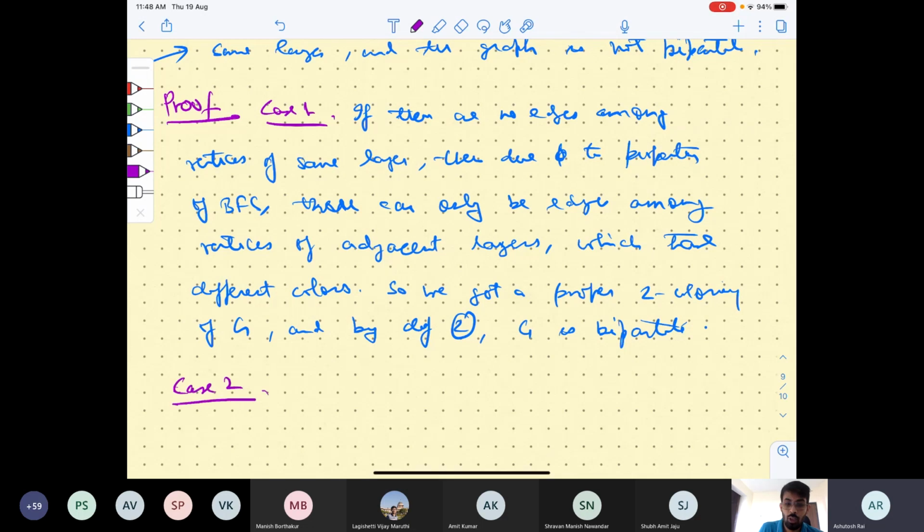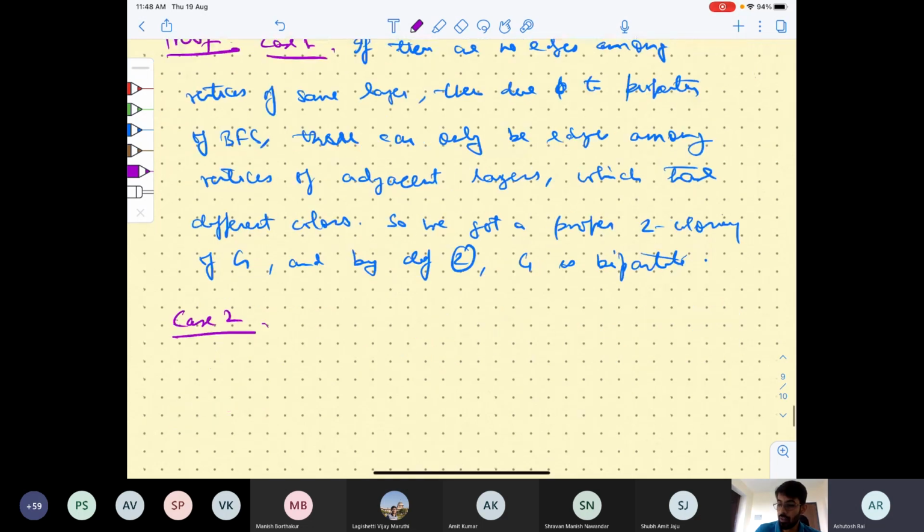Okay, good. So what is case 2? Sir, we can prove by induction. Yeah. First we set the color of the first layer L0 as something, and then we can prove by induction that for every layer Li plus 1, the colors of the vertices of that layer will be the opposite of the colors of layer Li.